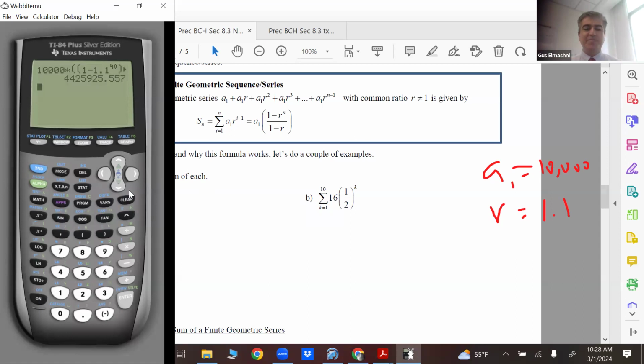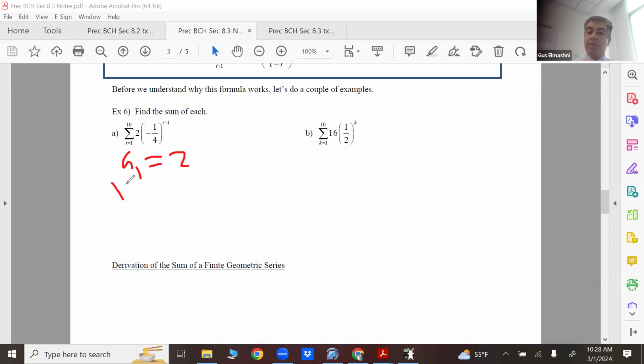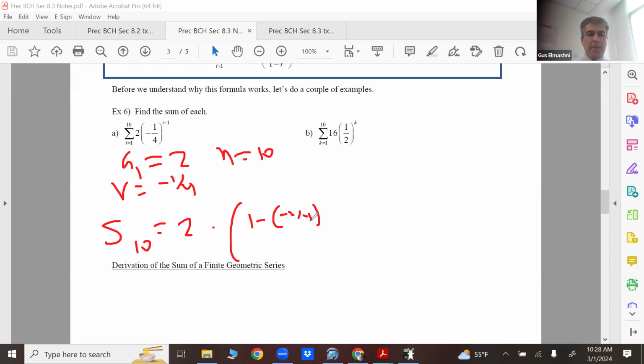So, all right, let's work out these formulas though. These are not as fun, but let's do it, right? So, what's A1 here? What's R going to be? So let's do the formula. Oh, and how many terms do we want? 10 terms, right? So you do 2 times 1 minus, be careful here, get that in parentheses, right? Raised to the 10 power.